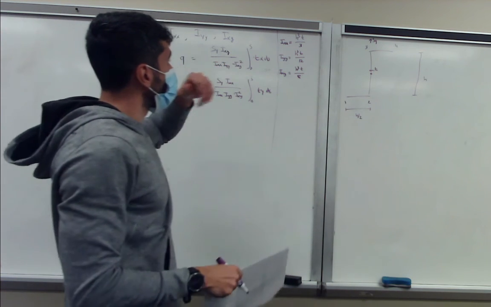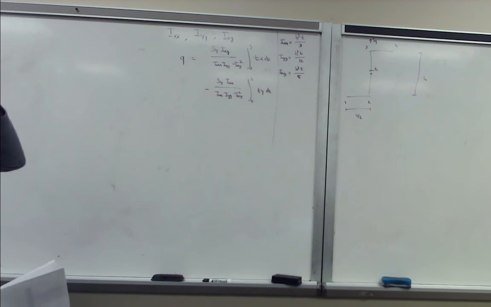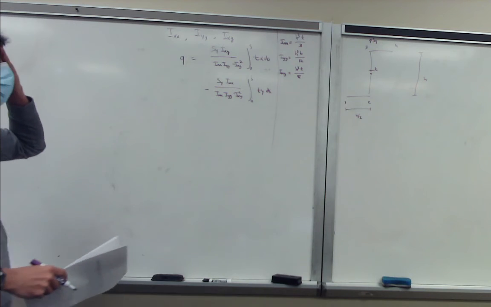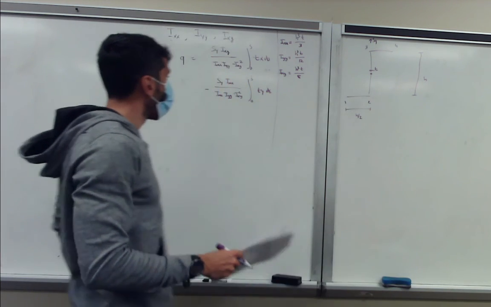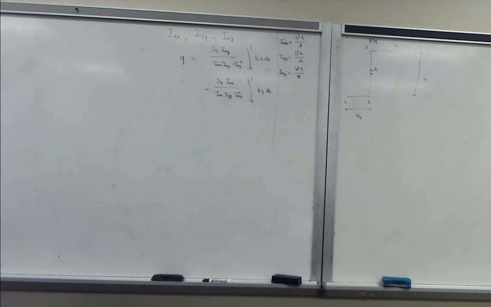Notice we use the thin wall assumption, so we basically ignore t to the power of 3 for the segments. We just use the standard terms.